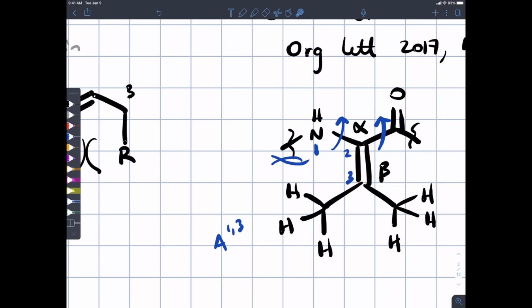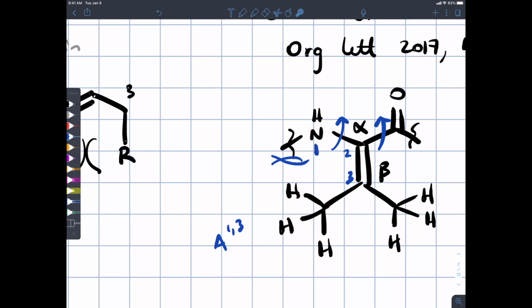Double bonds are shorter than single bonds. Also, rotation around double bonds is restricted, right? You can't rotate without breaking the pi bond. So this carbon is forced to be sp2 hybridized, as is this carbon, and so that makes it so that whatever's here and whatever's here have to be close to each other.